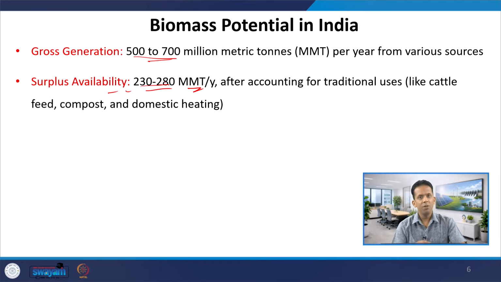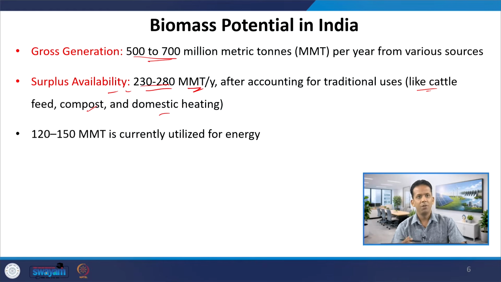And this surplus means the biomass which is used for cattle feed, compost or domestic heating for traditional uses has been subtracted. So, this is what is remaining in surplus, which can be used for power generation or for other energy purposes. So, at present only 120 to 150 million metric tons is utilized for energy.